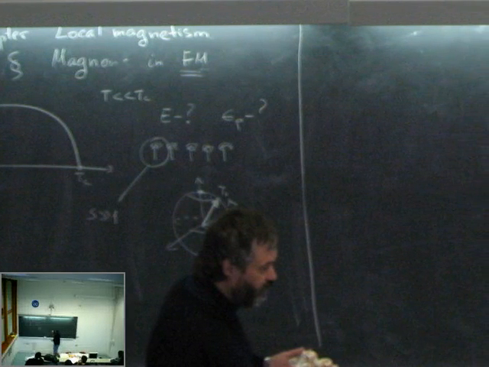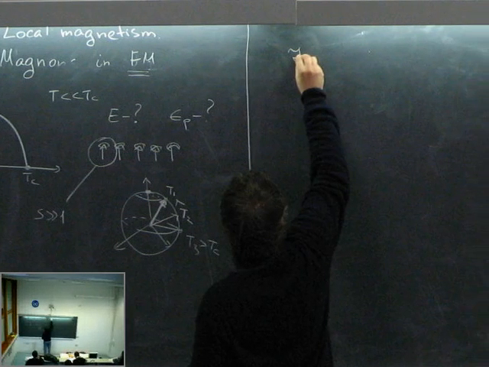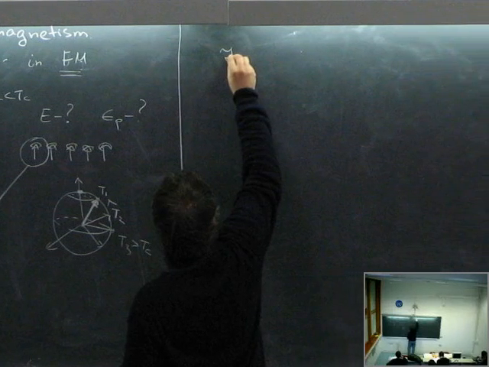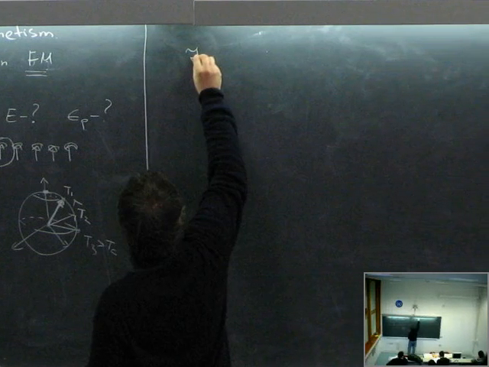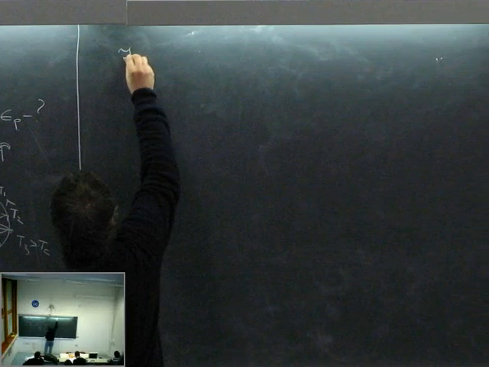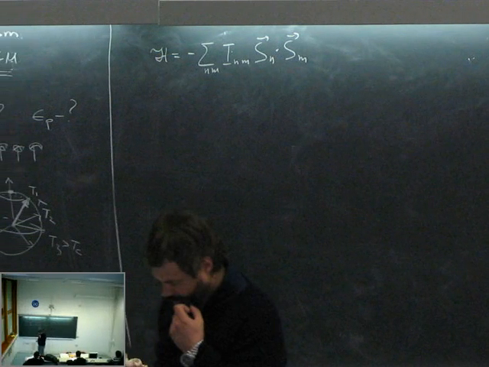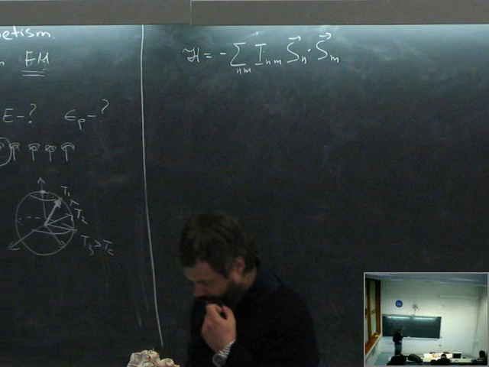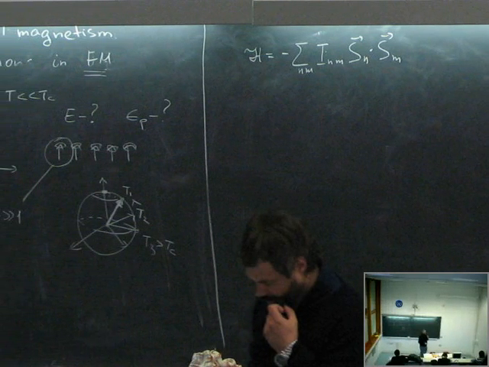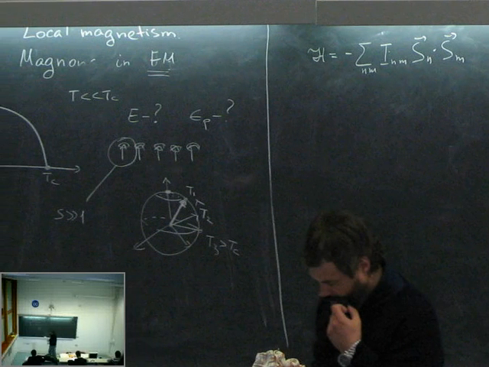Okay, the Hamiltonian. Sum over n, m, I n m, S n dot S m. You see that something happens with the z component of the system if we are coming into the ordered state.